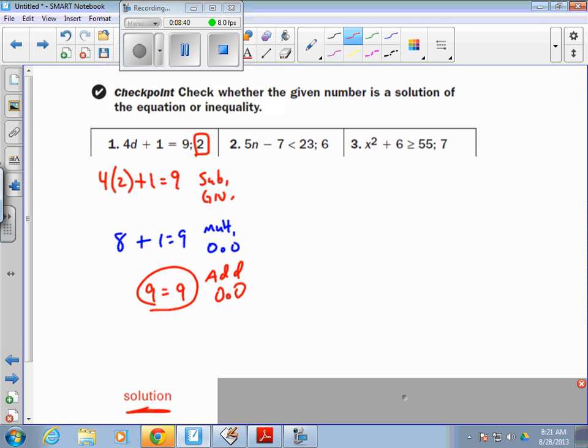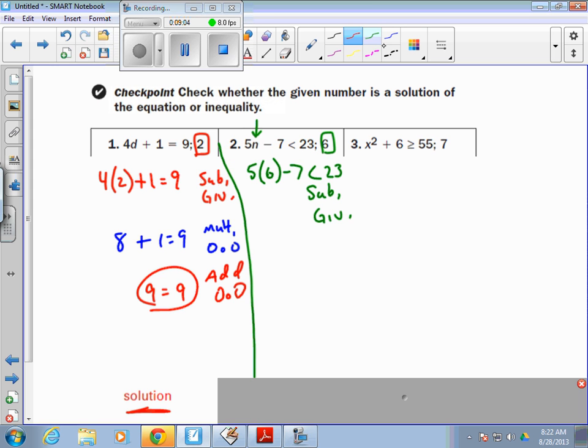The next one says 5n minus 7 is less than 23. We're plugging that value 6 in place of n. So in place of n, we're going to substitute it in. Again, we use that term plug in a lot, it just means substitute. So 5 times 6 minus 7 is less than 23. All we did for that one was substitute in a given value.